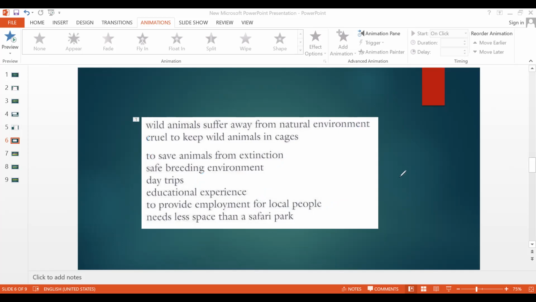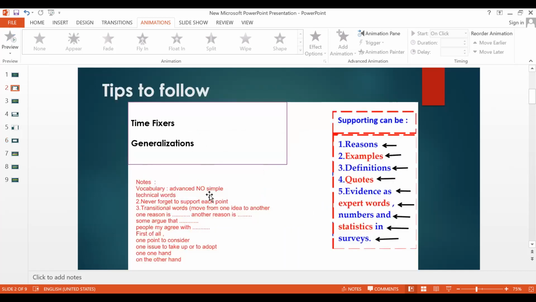So the recommendations again are using technical vocabulary, time fixers, generalizations, and following the structural elements like these tips that we explained, to use connective words, and your vocabulary should be advanced words, not simple and beginner-like vocabulary, supporting each idea and showing your opinion phrases.